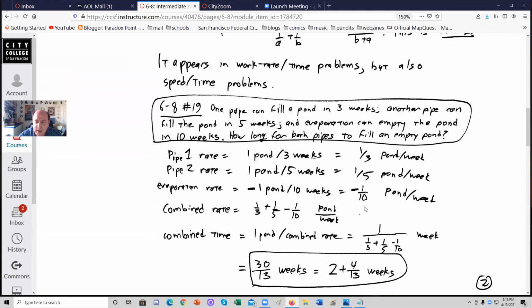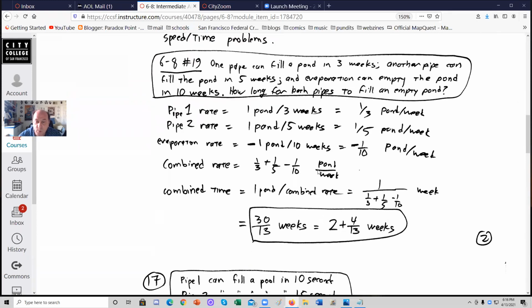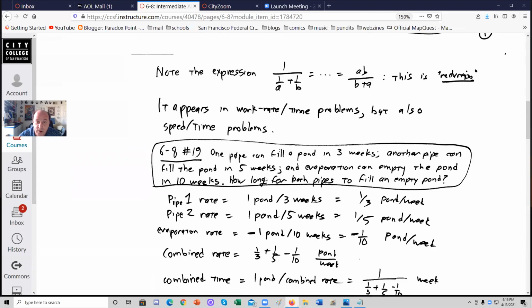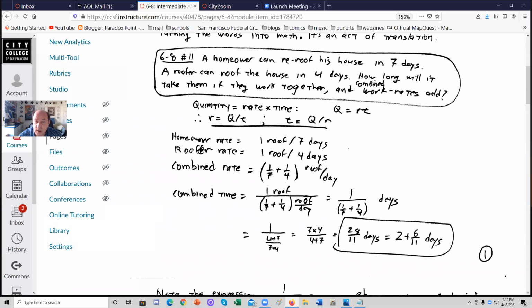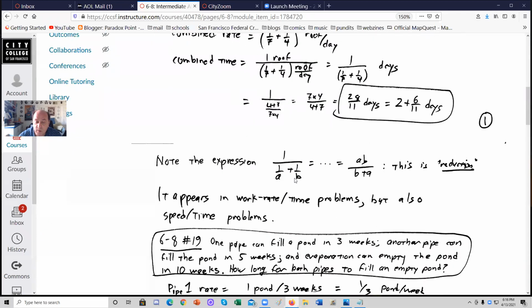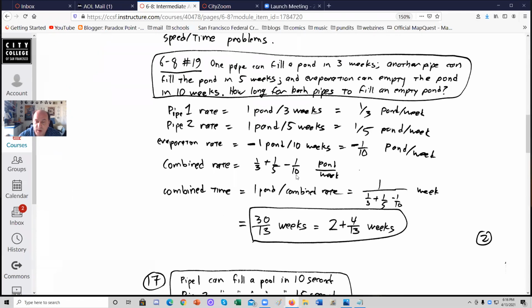Combined, that is 1/3 plus 1/5 minus 1/10 of a pond per week, and the combined time will be 1 over that, like we had over here. Time equals quantity over rate. So you get the reciprocal of 1/3 plus 1/5 minus 1/10 weeks, and you do the arithmetic. It's simple math. I mean, 30 over 13 weeks, or 2 4/13 of a week.